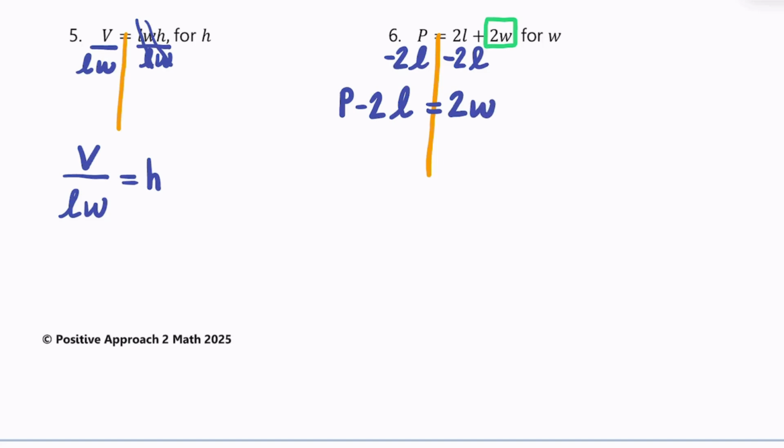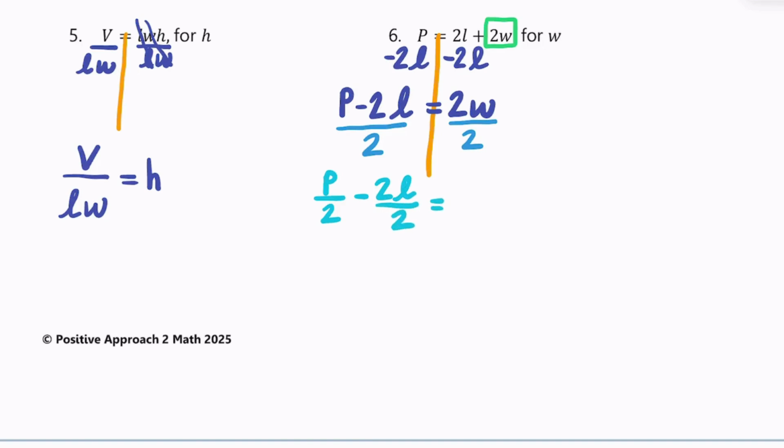Last but not least, we're going to divide both sides by 2. We have 2 terms on that left-hand side, so we need to divide the entire thing by 2, not just one of the terms, but both of them. And from there, you can separate them if you wish. You can write that as P over 2 minus 2L over 2.